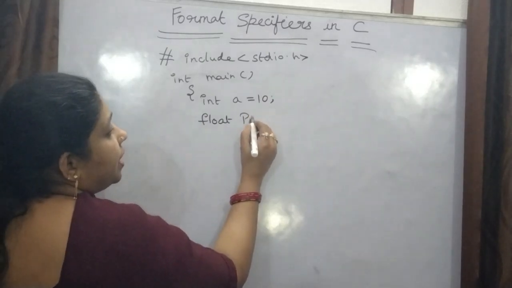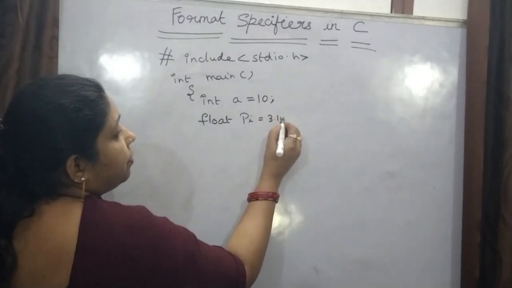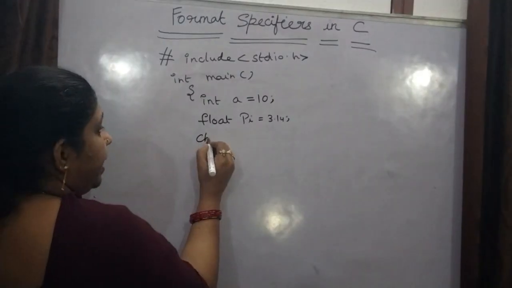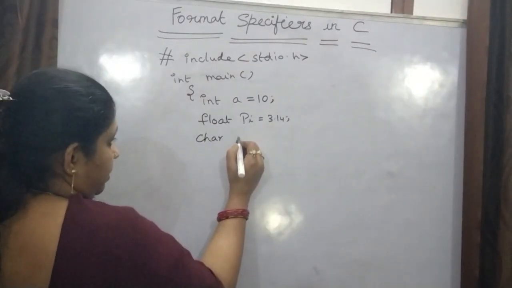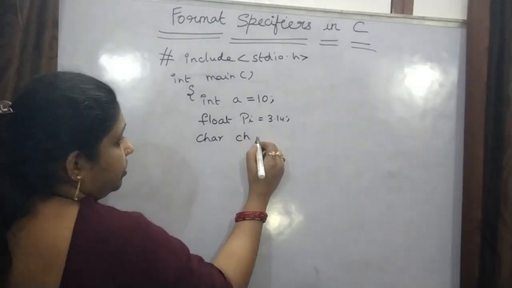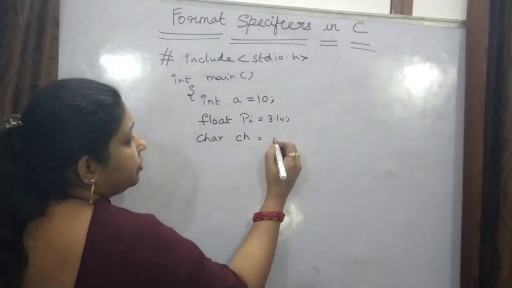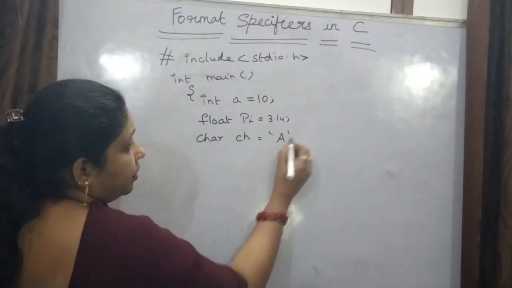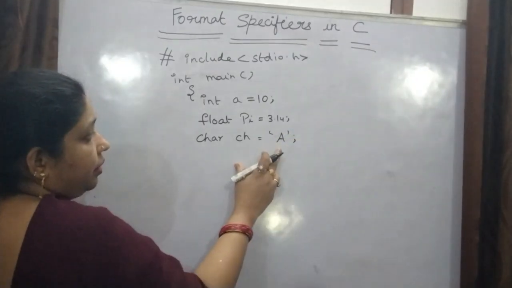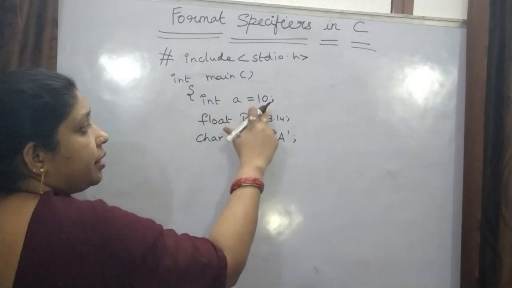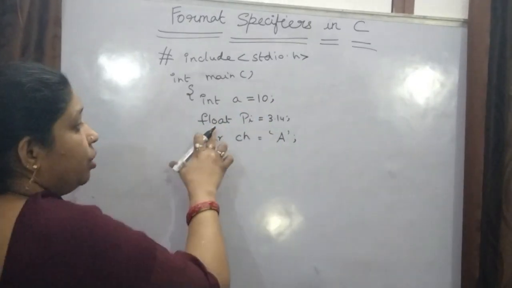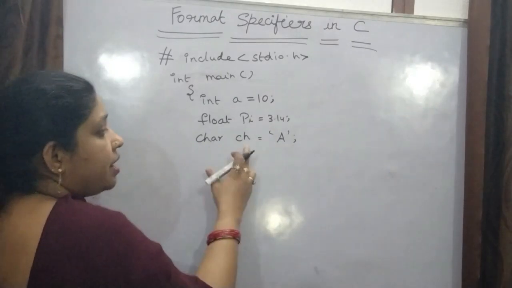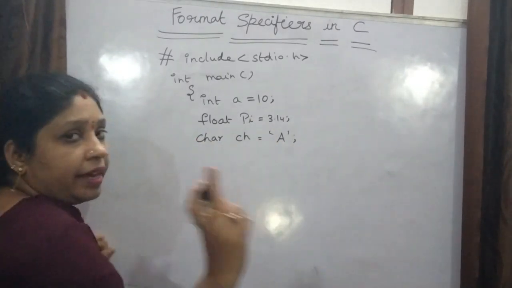float pi = 3.14. Now char ch = 'a'. Here the int data type will take whole numbers, the float data type will take point values, and the char data type will take a single character.